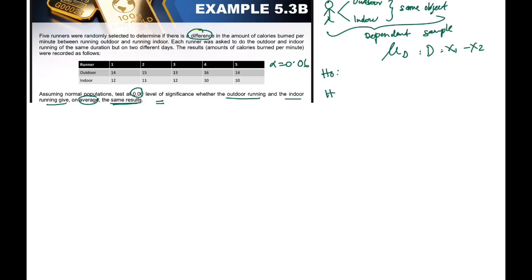For a dependent sample, it starts with mu capital D. H null: mu D equals 0, H1: mu D not equals to 0, where D is equal to outdoor minus indoor. Okay, let's calculate the D.